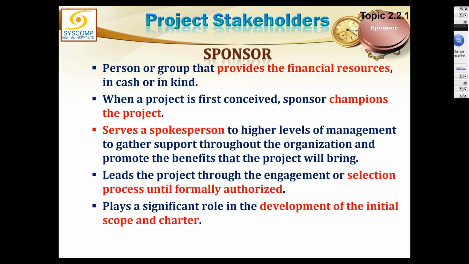But the day he assigns it to the project manager, then he can sit back and relax and start performing other responsibilities. If he is creating the charter of the project and assigning the project to the project manager during that period, he is the only person solely responsible for everything happening.